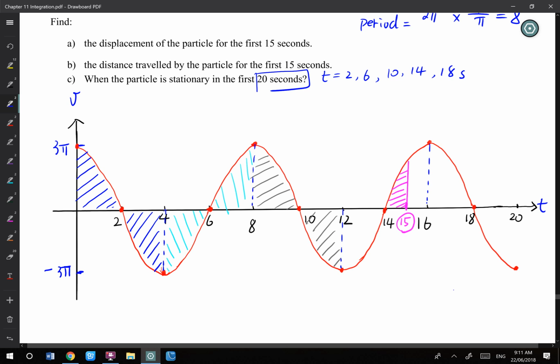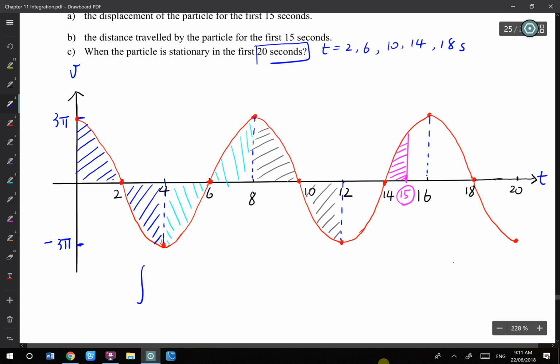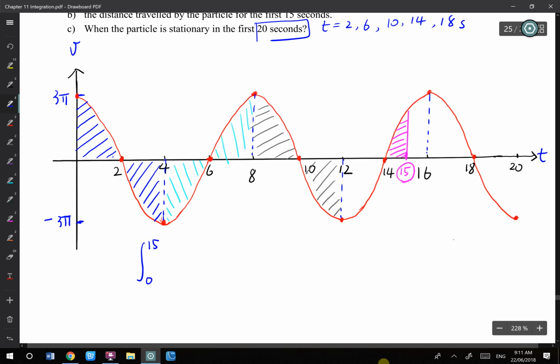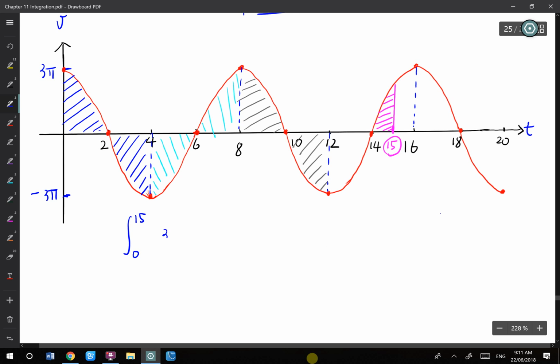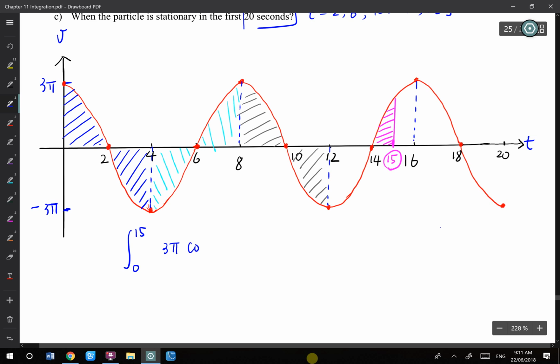Okay, now for part A, if you talk about the integral, this should be the integral. The first 15 seconds is the integral from 0 to 15 of 3 pi cosine pi over 4 t dt.